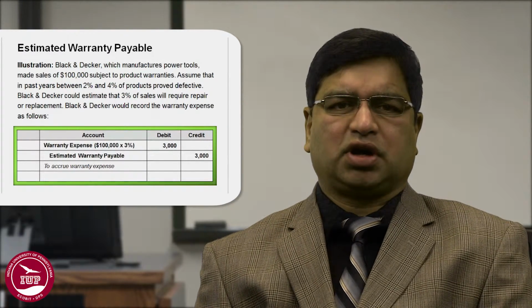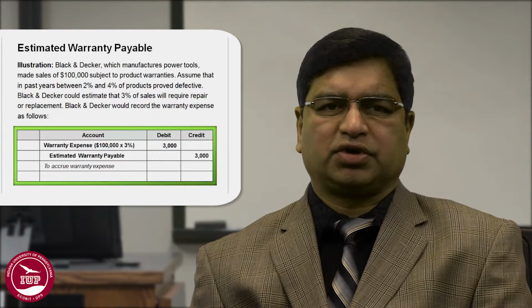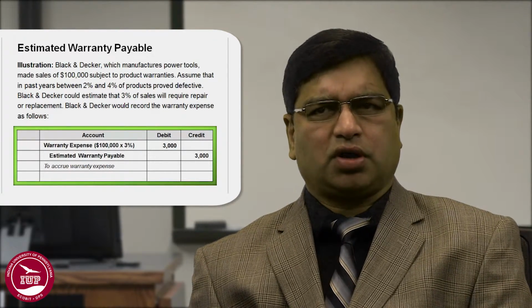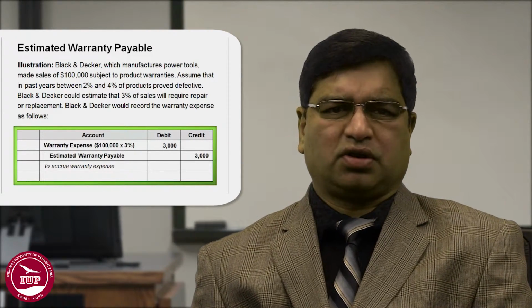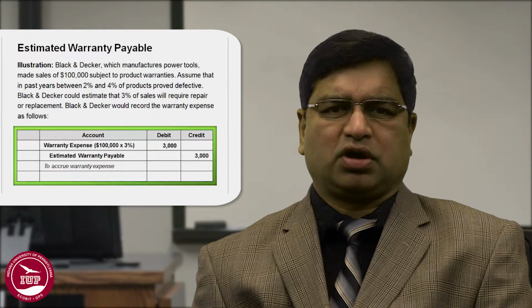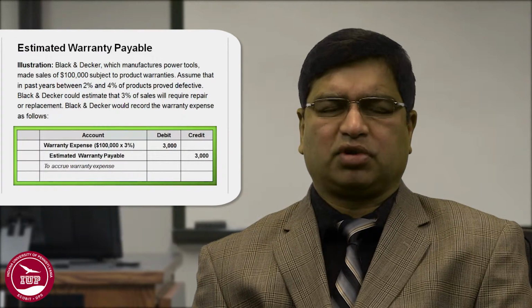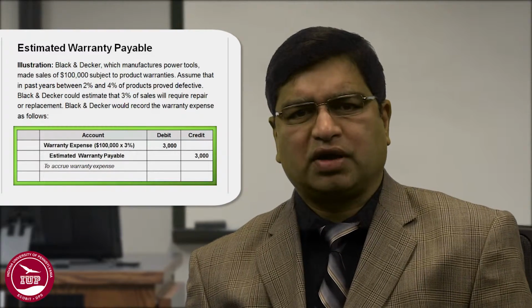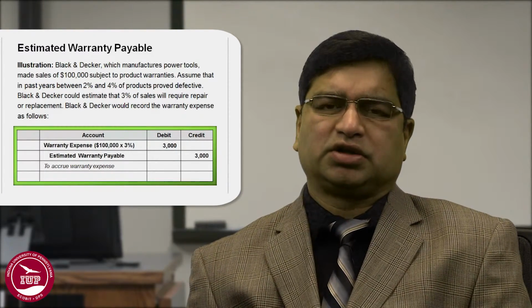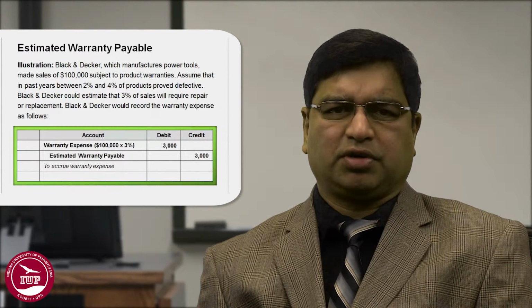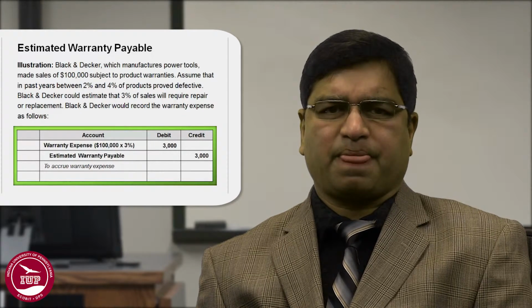So 100,000 times 3% of the sale will give you 3,000. So we have recorded a warranty expense of $3,000. At the same time, you have an estimated warranty payable of $3,000. So we have created a liability for it just in case it might take place in the future.